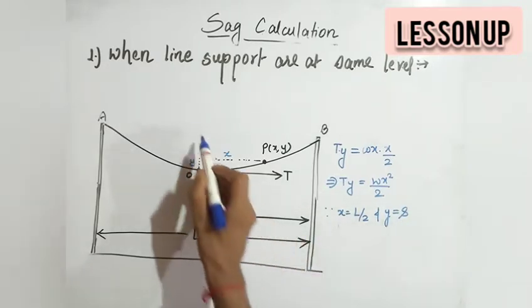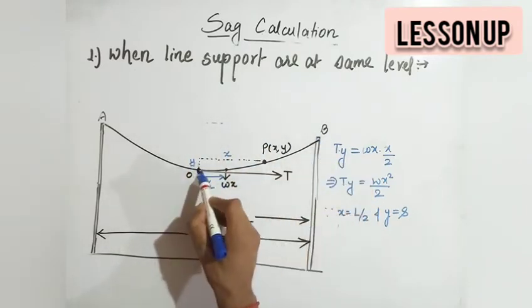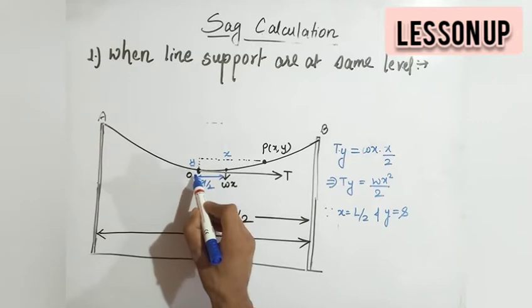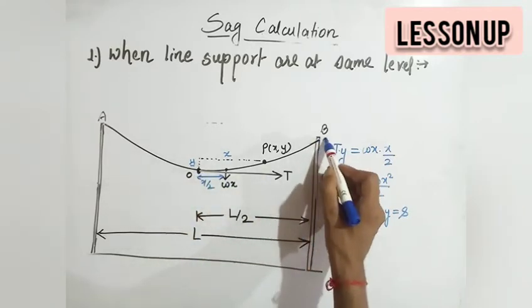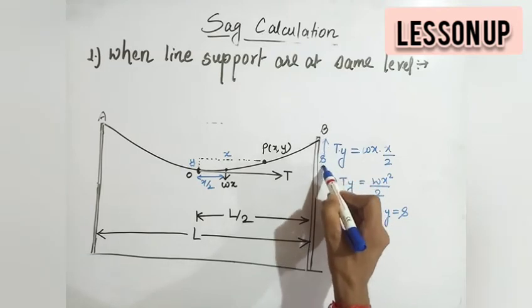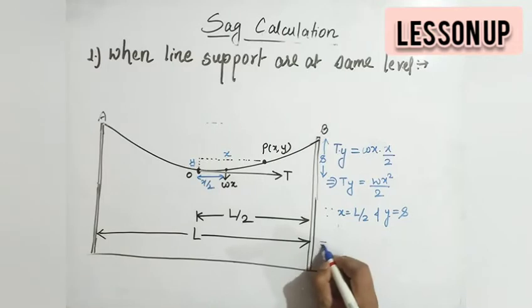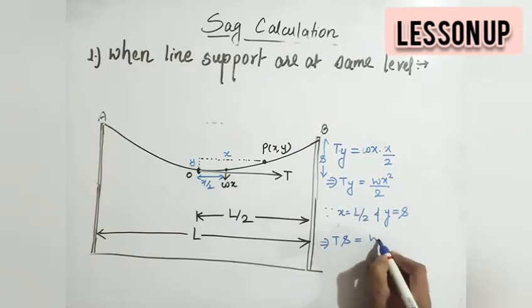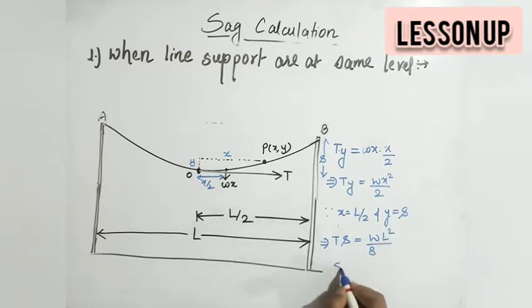Sag is the difference between the point of support and the minimum height of the conductor. So y will be equal to s. Now we put this value in this equation. We will get T into s equal to W L square by 8, and sag will be W L square by 8T.